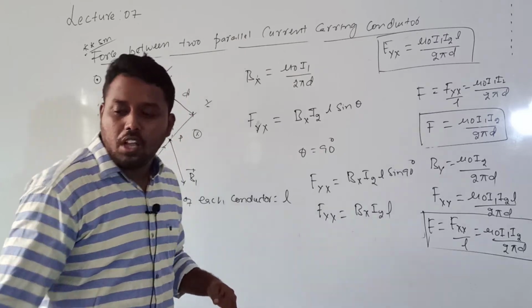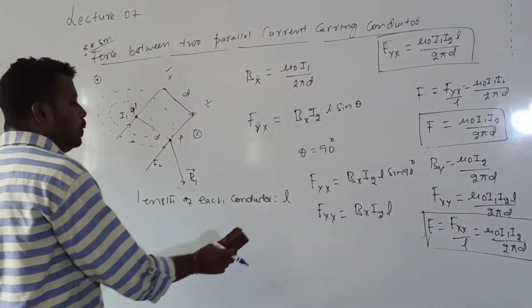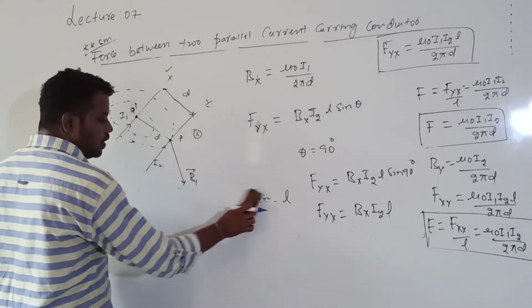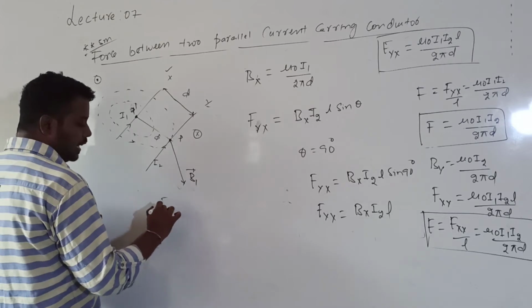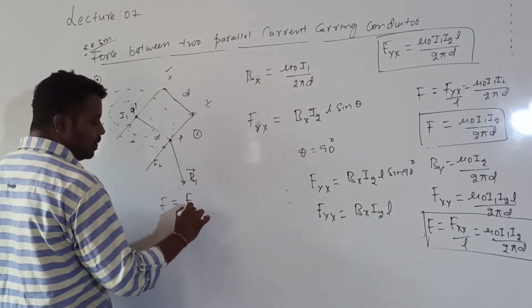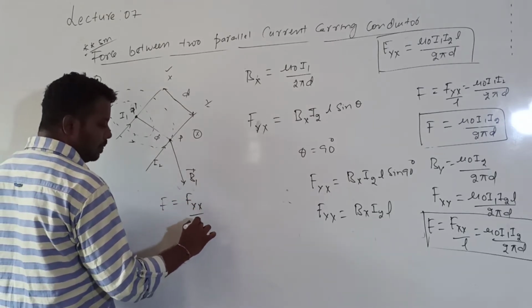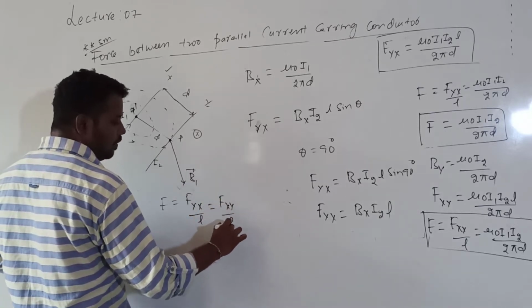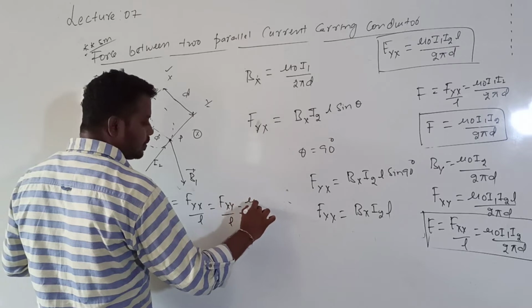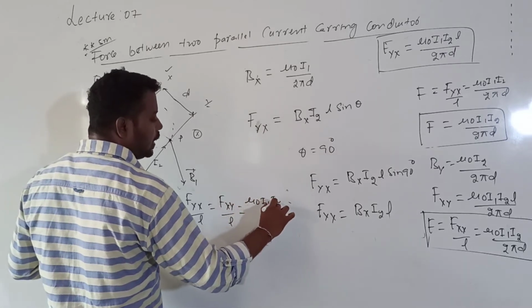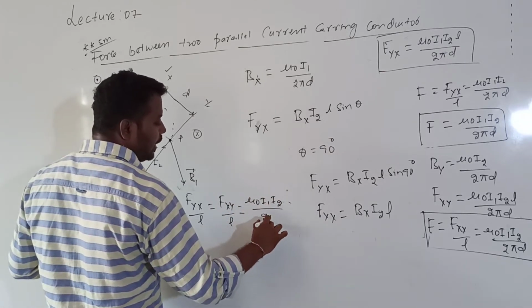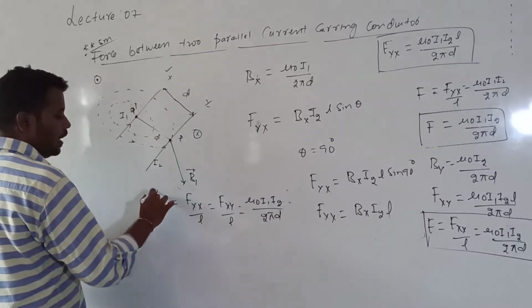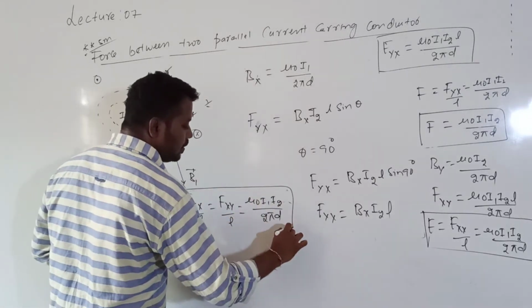Therefore, what is the force between two parallel current carrying conductors? The force between two parallel current carrying conductors, which is given by Fyx by L, will be equal to Fxy by L, which equals mu naught into I1 into I2 divided by 2 pi d. This formula is very important for us.